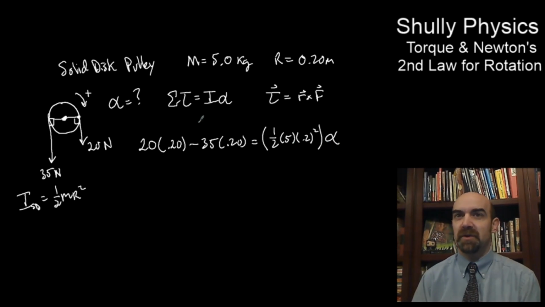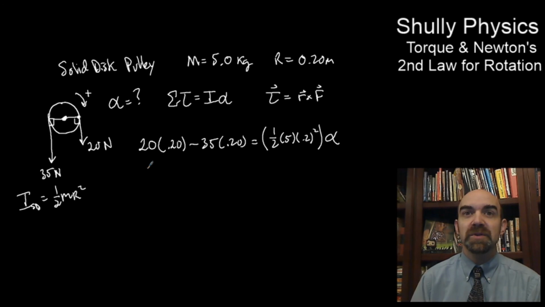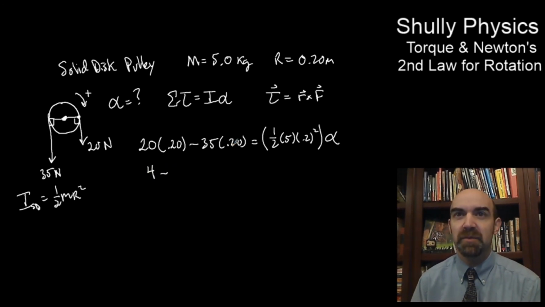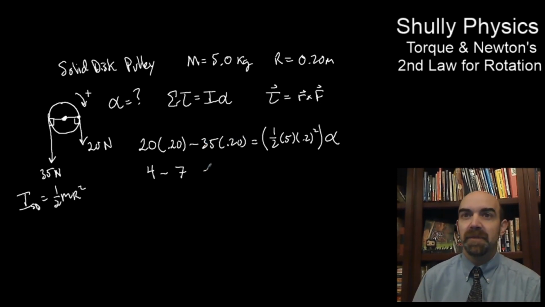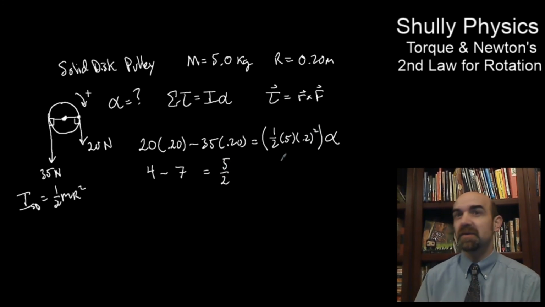All right, our net torque on the system is 20 times 0.2, which is 4, minus 35 times 0.2, which is 7. 35 times 2 is 70, times 1/10 is 7. And that equals 1/2 of 5, times 0.2 squared.